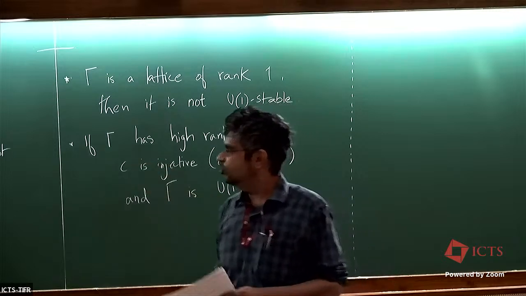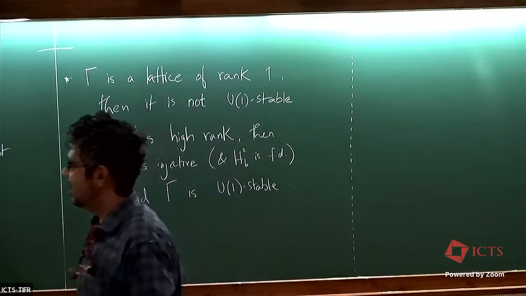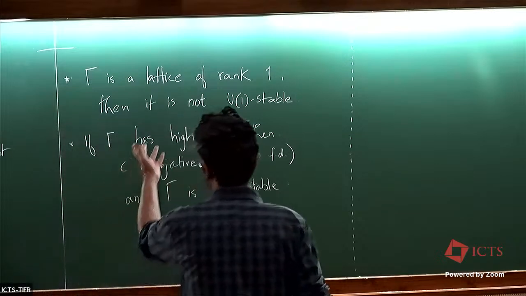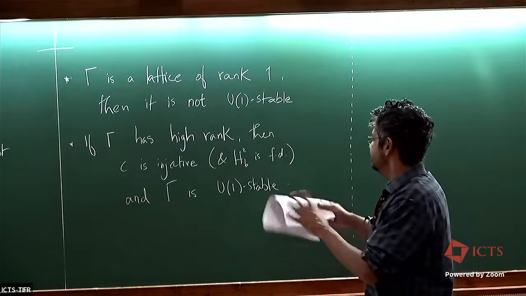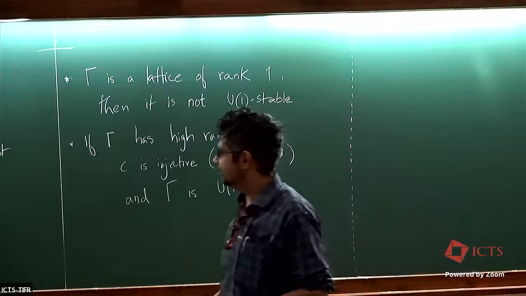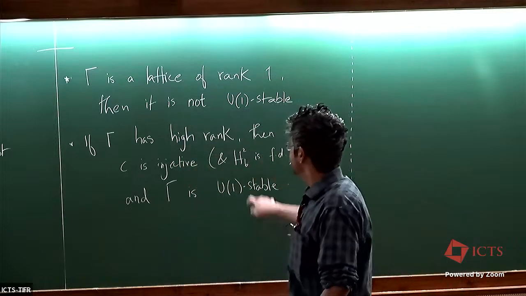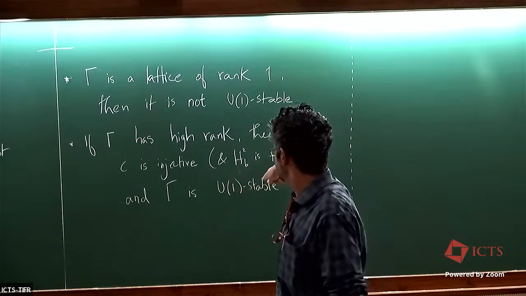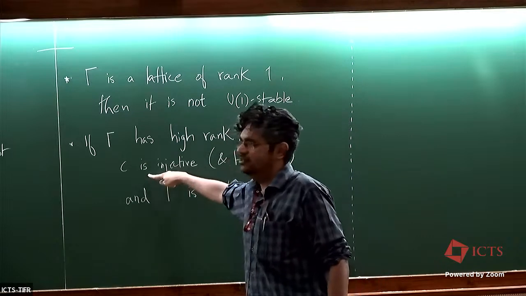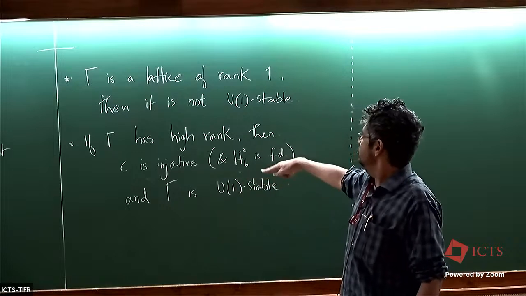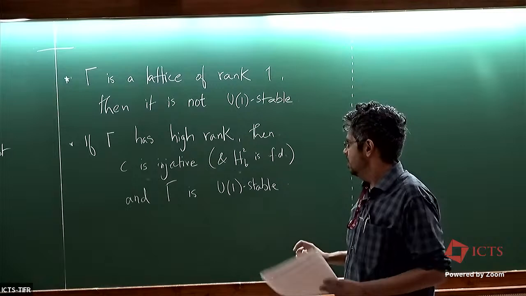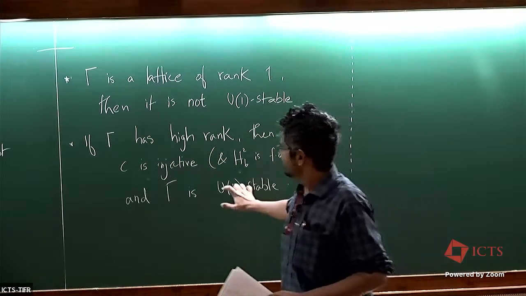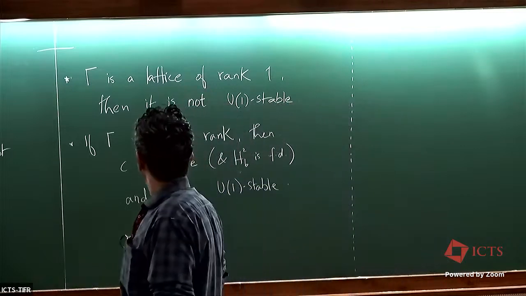So far, I've only told you one direction. That is, if there are non-trivial quasimorphisms, if C is not injective, then you know for a fact that it's not stable. But there's actually a result in the other direction too, with some stronger conditions. That is, it's not enough that C is just injective. You also need the bounded cohomology to be finite dimensional. I don't want to get into this right now because that'll take us in a different direction.